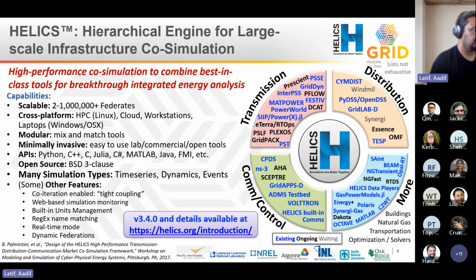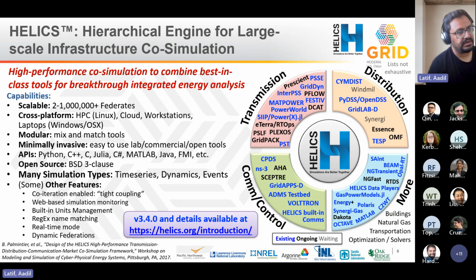All right. On the right side, we have this diagram. But just wanted to showcase, we've integrated to a lot of tools we support. More than 25 different simulators have already been integrated into Helix. So the tags in blue are the ones we already have an interface for.